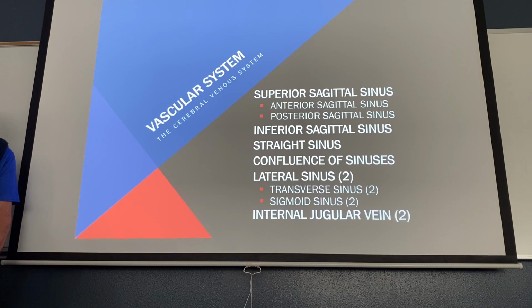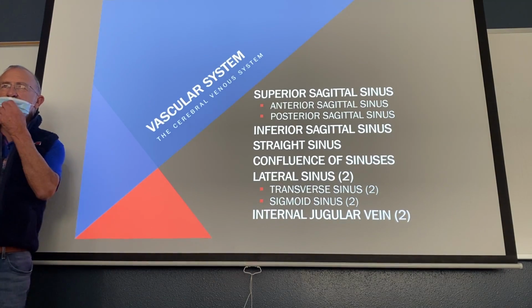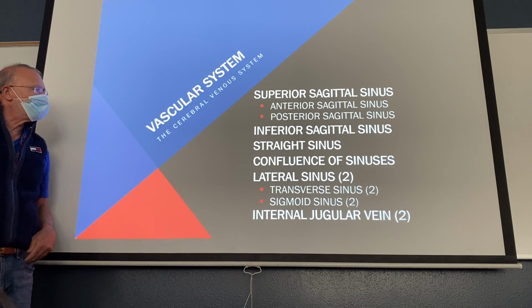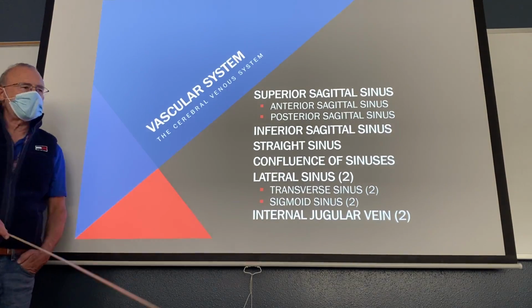Then the venous blood will enter through the jugular foramina in the base of the skull, and from that point down it becomes the internal jugular vein. So these right through here are all venous sinuses.